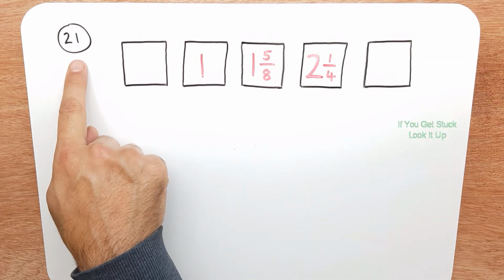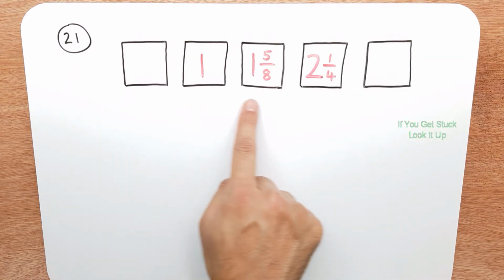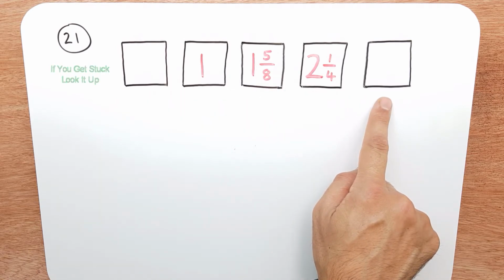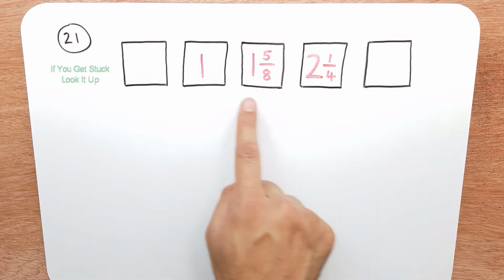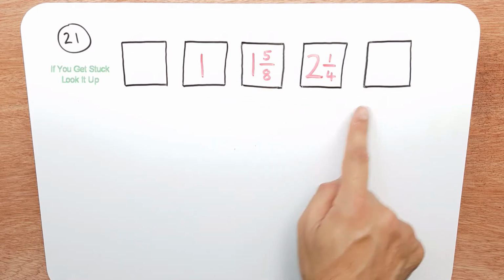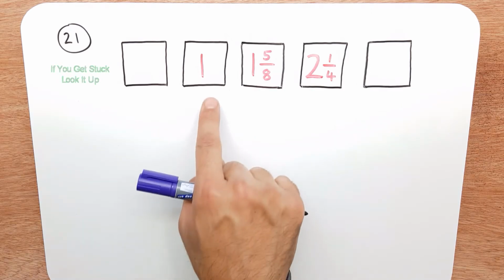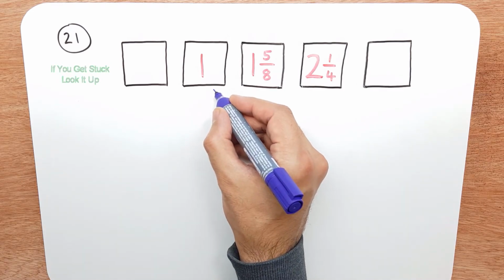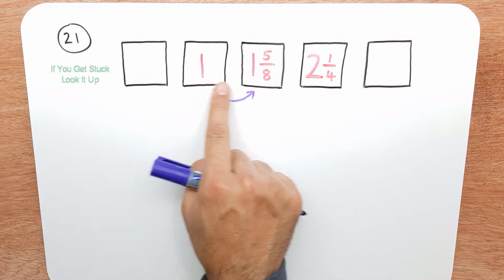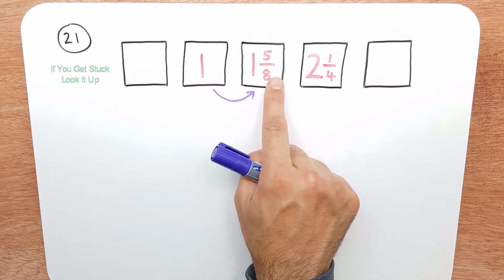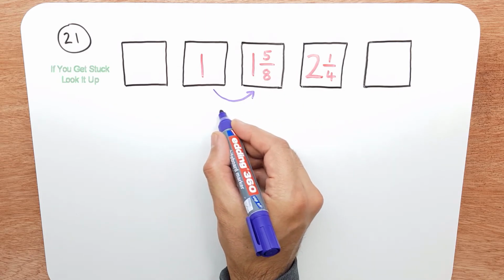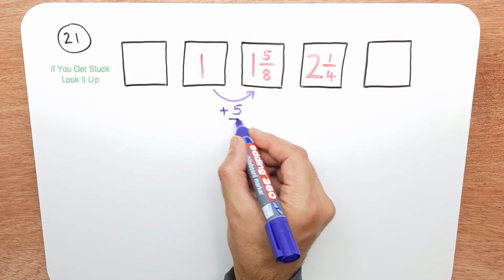In question 21, we're given a sequence of numbers. The first one and the last one are missing. And we've been told that the difference between each number is the same. Now our first step is to find out what the difference is. So if I go from 1 to 1 5/8, I simply add on 5/8.